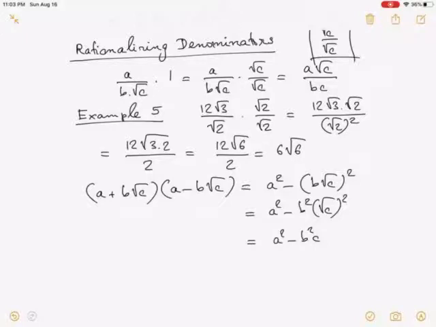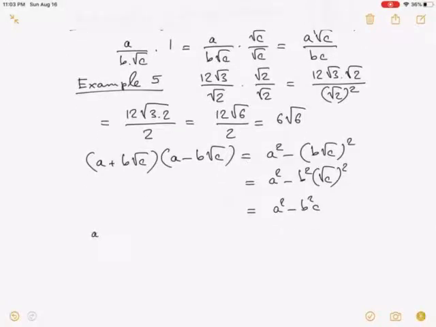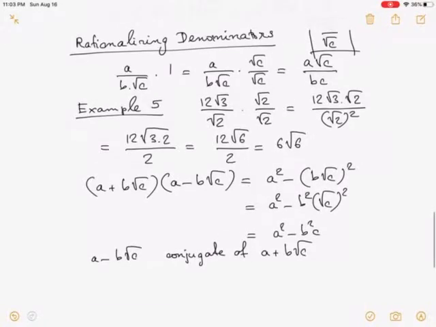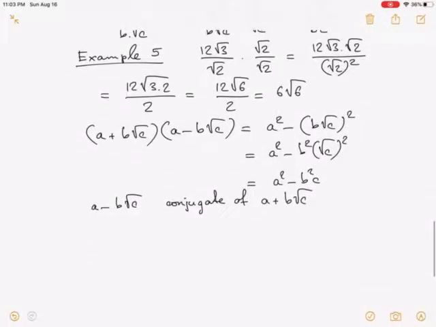No more radical. So a minus b square root of c is called the conjugate of a plus b square root of c.